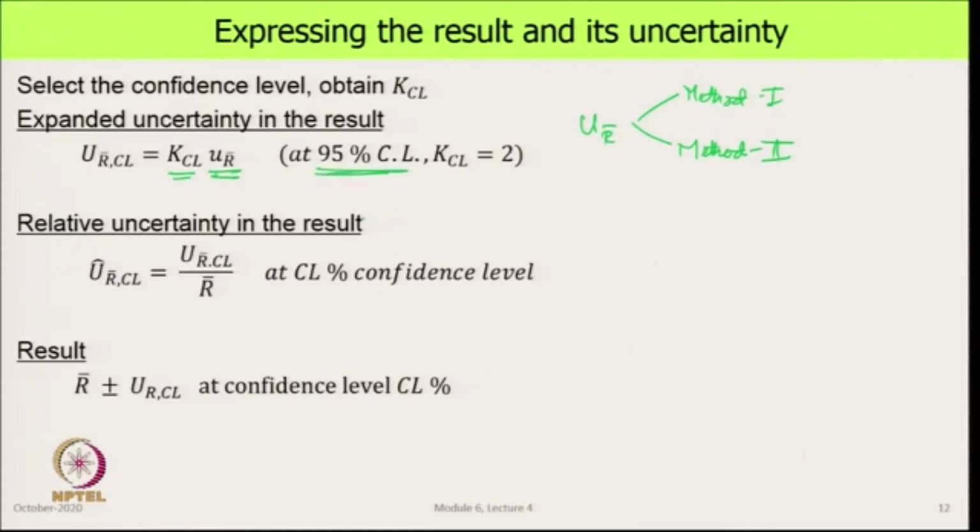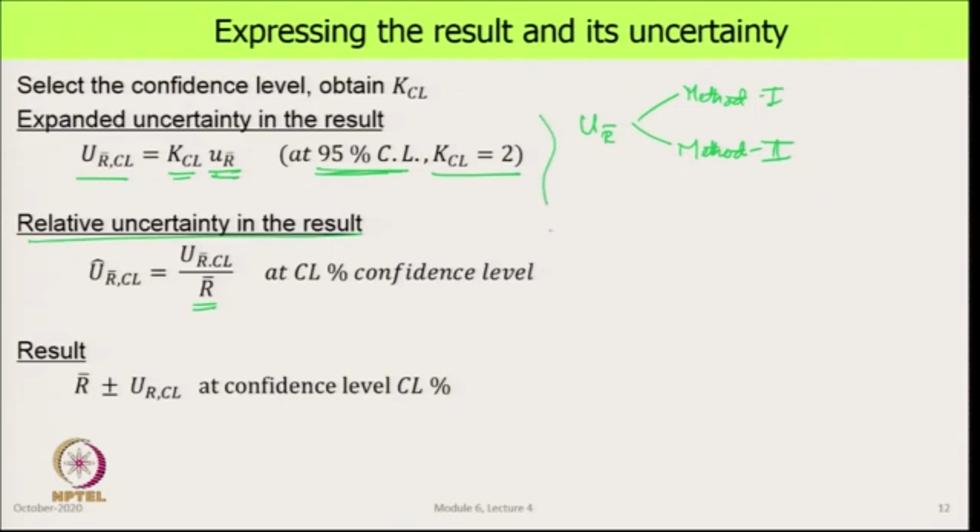We will normally take 95% confidence level, the KCL becomes 2, which can round off from 1.96, and we can get the expanded uncertainty in the result. Divide that by the mean value of the result, and we get the relative uncertainty in the result.